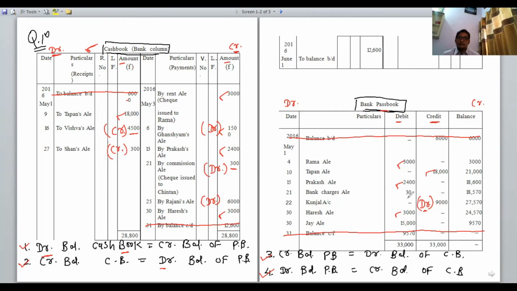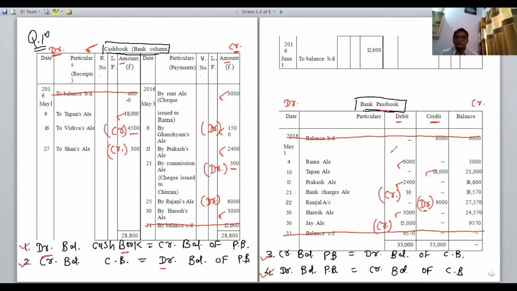Then there is an entry on the debit side of the passbook but none on the credit side of the cash book, so it goes in the BRS. Then 3,000 on the debit side and 3,000 on the credit side, done. At last 15,000 is on the debit side but not recorded on the credit side, so in the BRS it is recorded on the credit side.